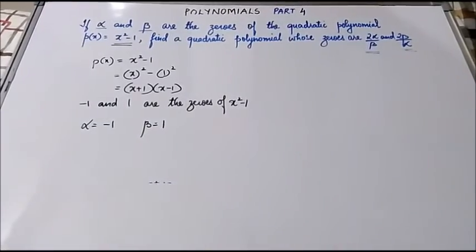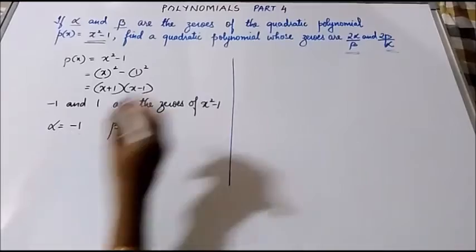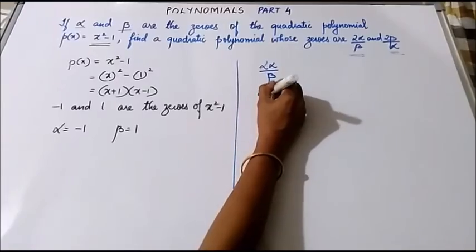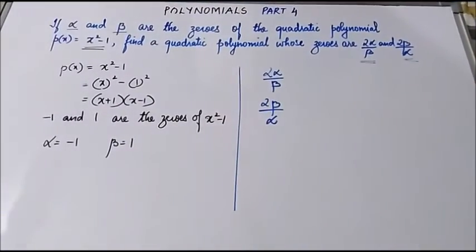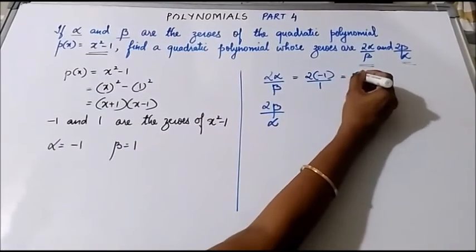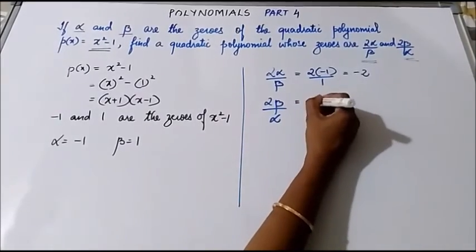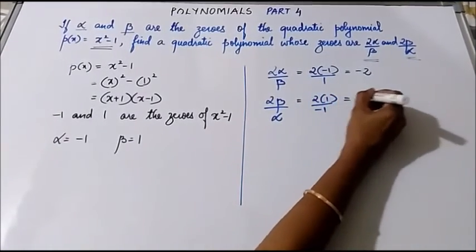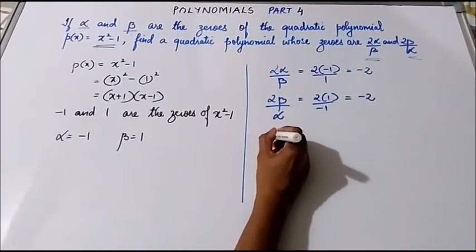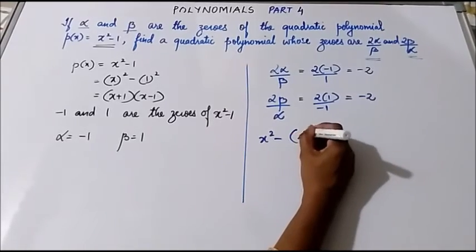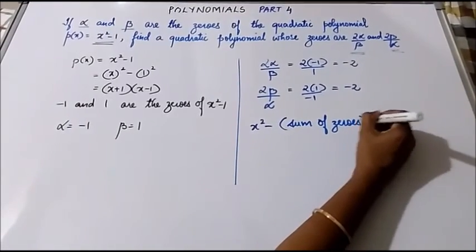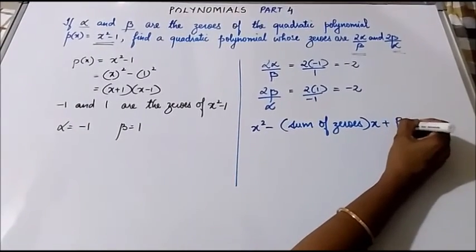Now it is given that the new zeros are 2 alpha by beta and 2 beta by alpha. Let us substitute alpha and beta and see what we get. This is 2 into minus 1 divided by 1, which will give me minus 2. Here it will be 2 into 1 divided by minus 1, once again giving me minus 2. Now, which formula do we use? The required polynomial is x square minus (sum of zeros) into x plus product of zeros.